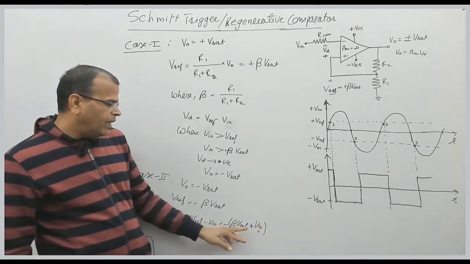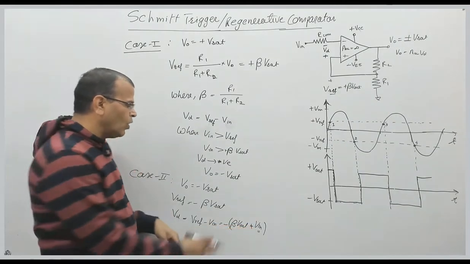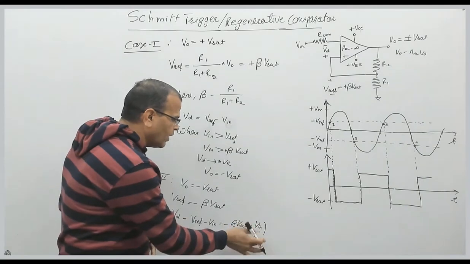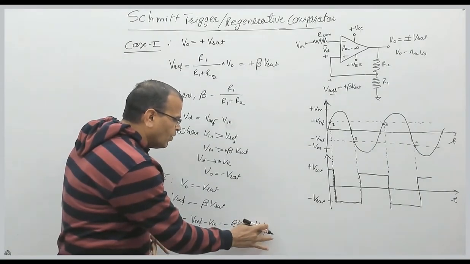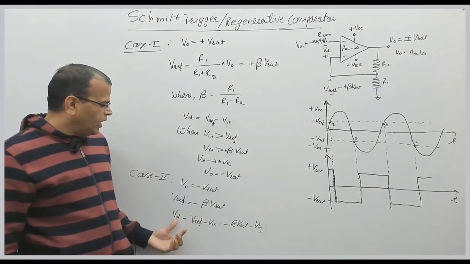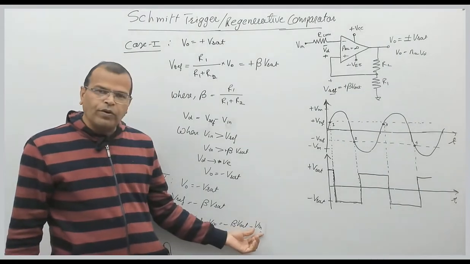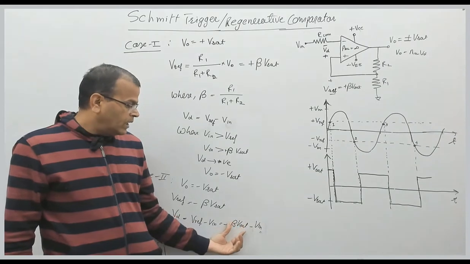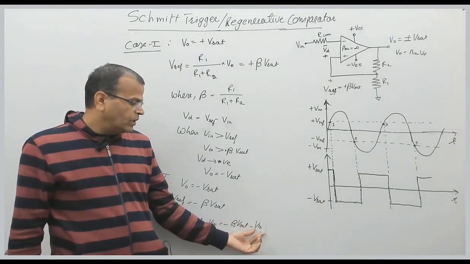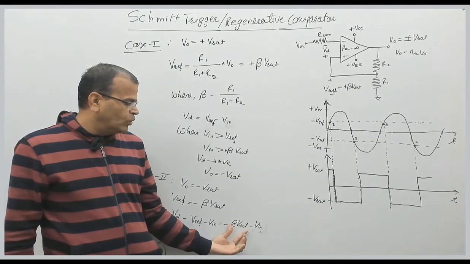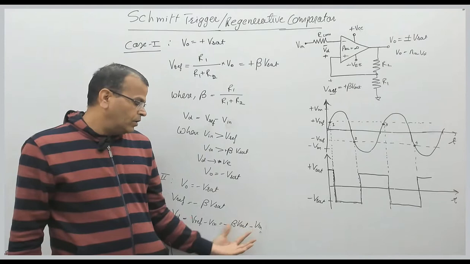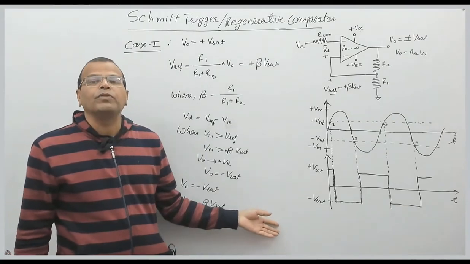I can explain with sign as well. Let us see when it will remain negative. This voltage will remain negative when input voltage is less than this magnitude, beta into V set. So Vd will remain negative, output will remain negative.